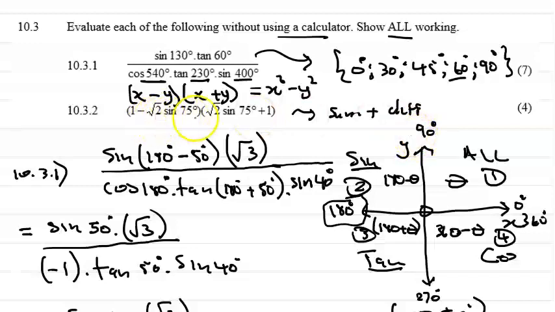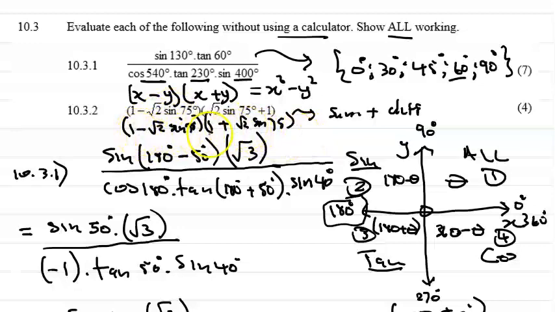So therefore, remember, if I just rewrite this as 1 plus root 2 times sine of 75, I will be able to have my sum and difference, 1 minus root 2 sine of 75. Okay, so there's my sum and difference.